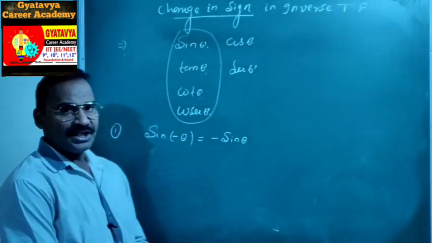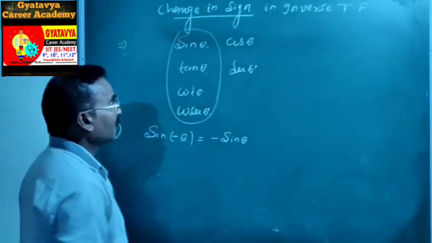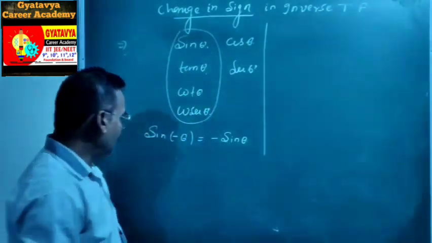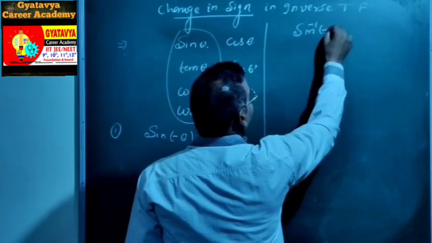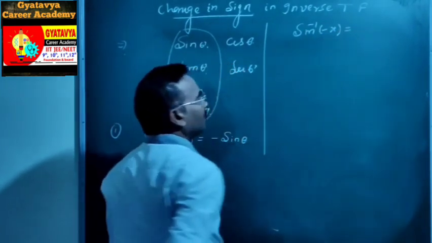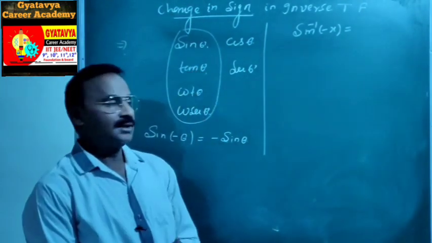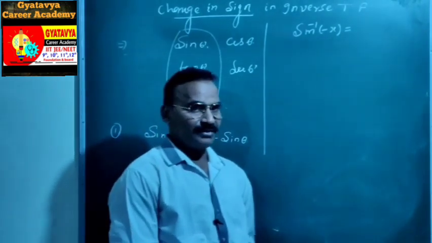So what should be changed in inverse trigonometric functions? What is the reflection of the sign in inverse trigonometric functions? Okay, sine inverse minus x. The inverse trigonometric function is just the reciprocal process of the trigonometric function.